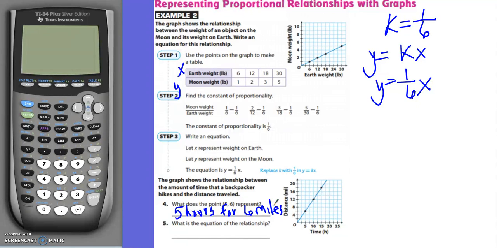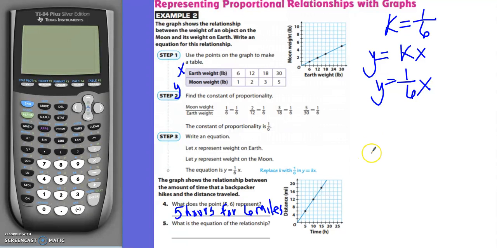What is the equation of the relationship? Alright, so if we're doing an equation, we're going up 6 to the right 5.